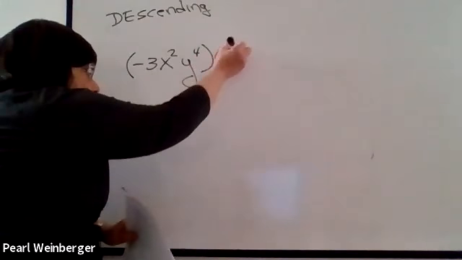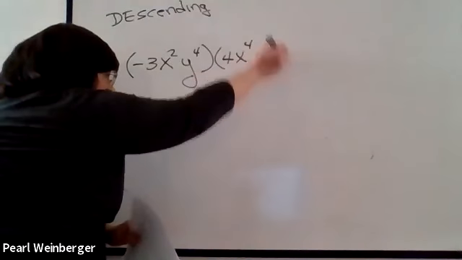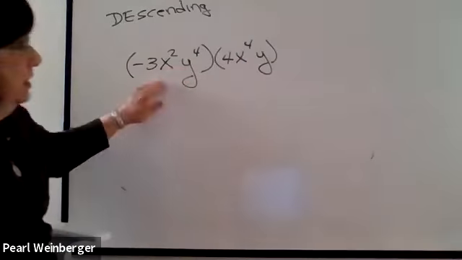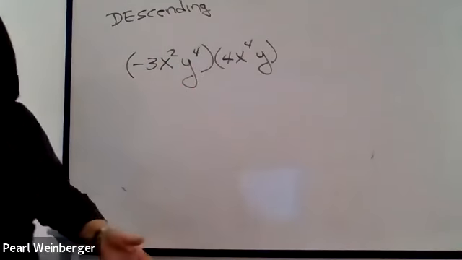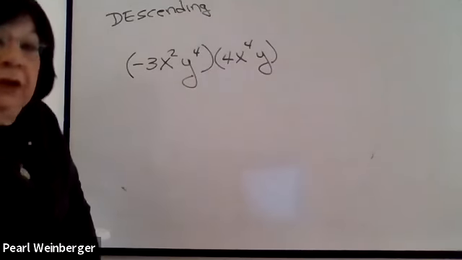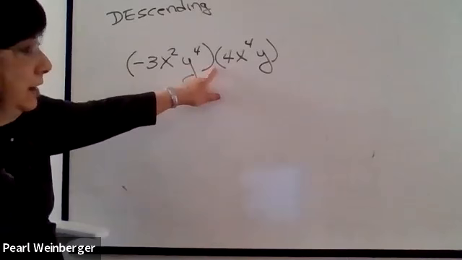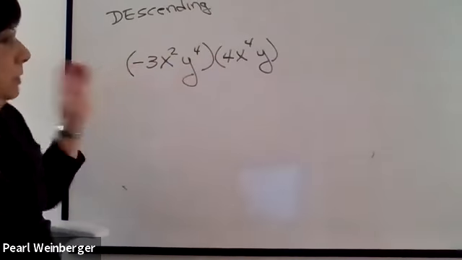Let's say we have 4x⁴y. Now, obviously, these are not like terms because they have different exponents. But the operation is not addition, there's no plus or minus in between them, it's multiplication.